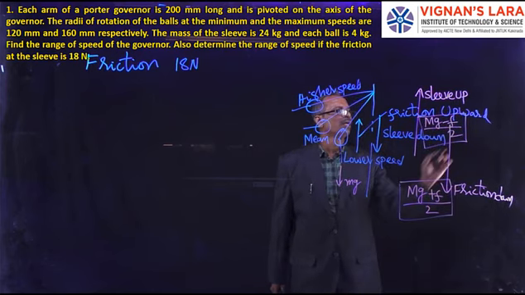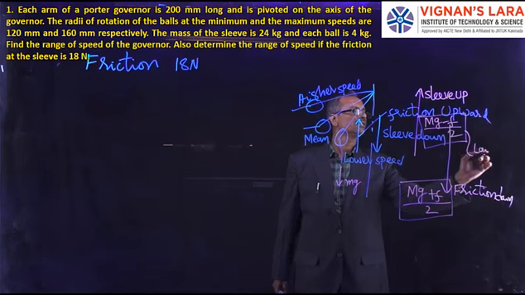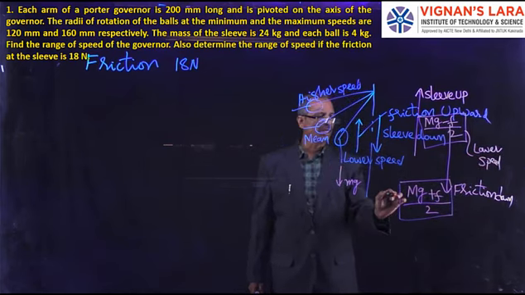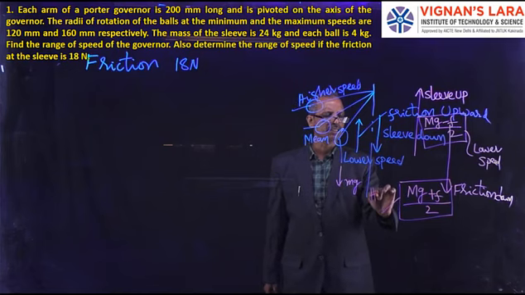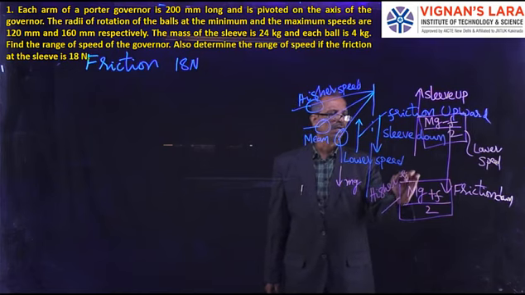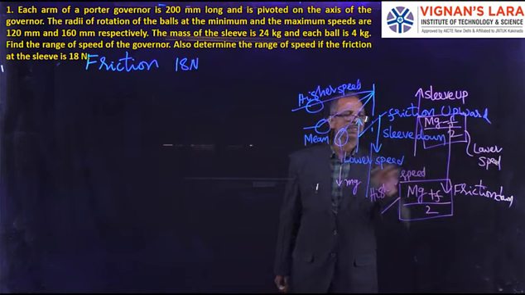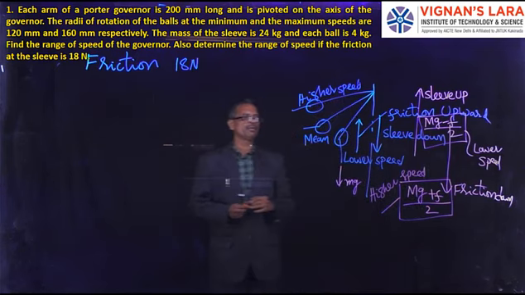So for lower speeds, friction will be negative. For higher speeds, or the upper limit of the speed, it will be plus.